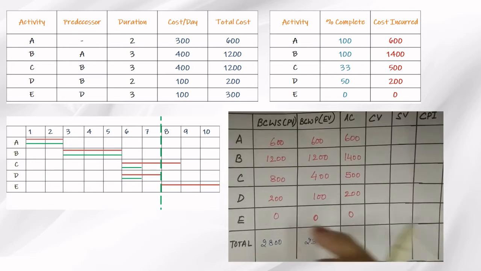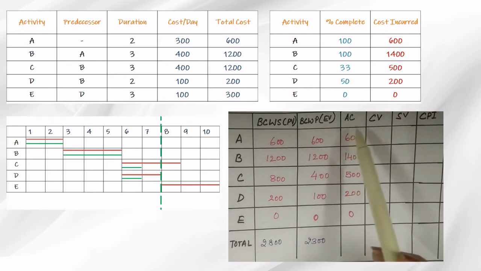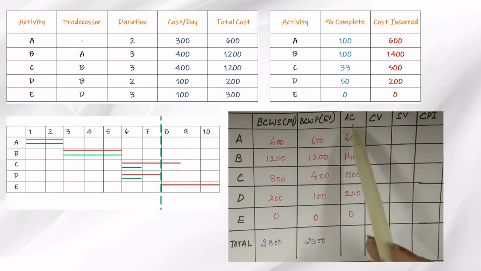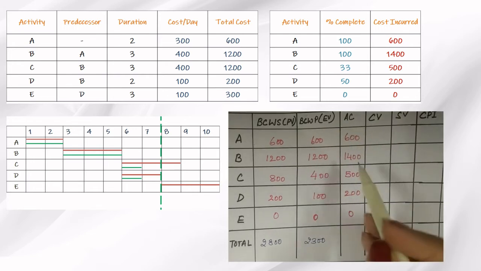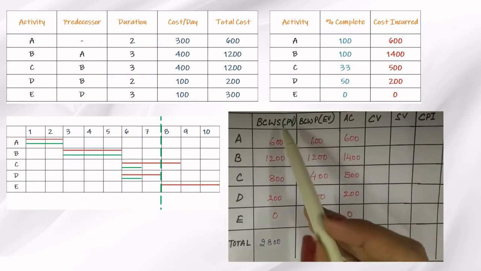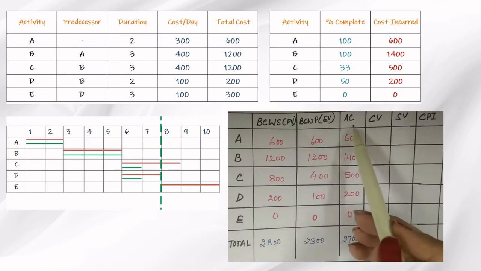So this is the worth of the work that has actually been done, and what is the actual cost. So this was the work that was supposed to cost, and this is what it is actually costing. When we total out, we get the value as 2700. So till now we have calculated the value of planned value, earned value, and the actual cost.